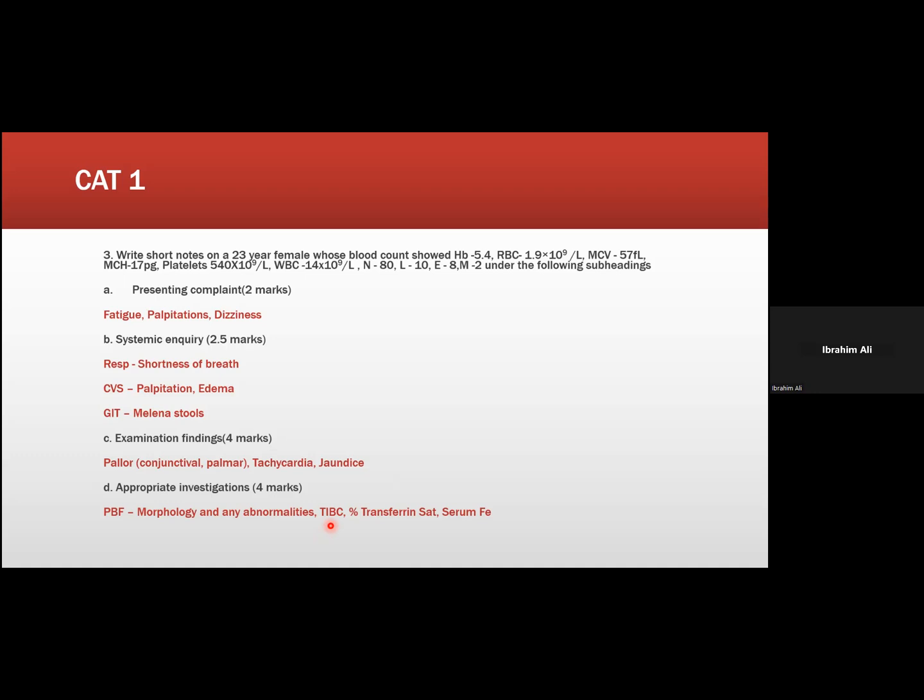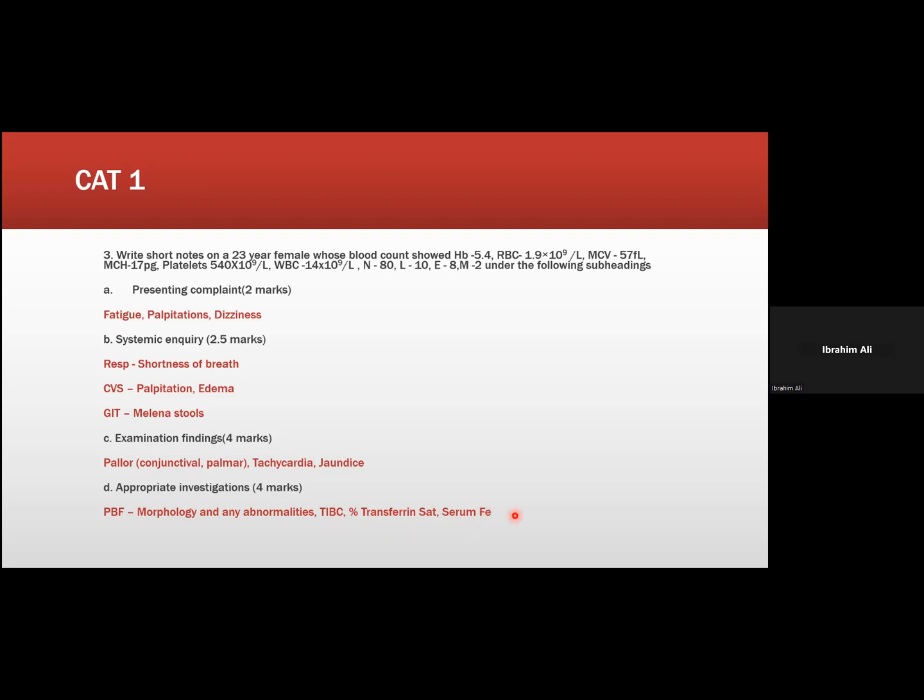It's not towards normal or almost normal as in anemia of chronic disease. So your TIBC most probably will be increased. Transferrin saturation, you can check, and the serum iron and ferritin also, you will check those as well.